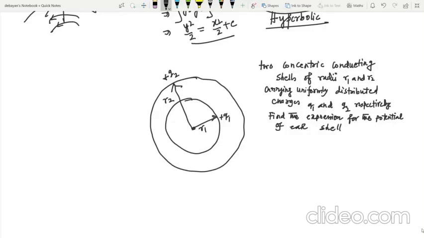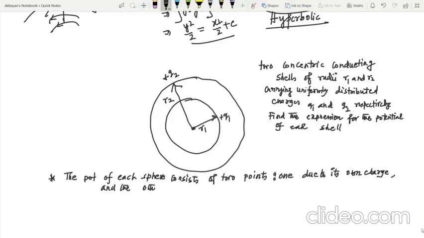Whenever you have to find the potential, just remember that the potential of each sphere consists of two parts: the first due to its own charge, and the other due to the charge on the other sphere.